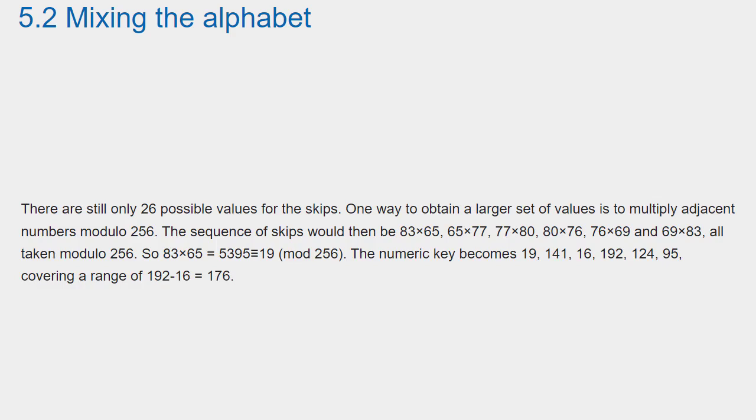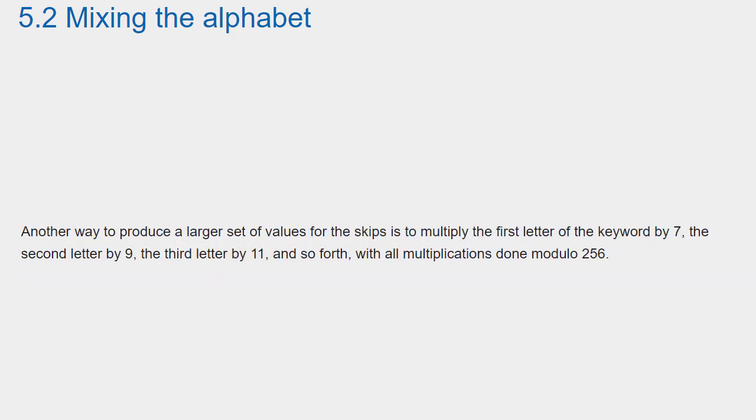So, 83 times 65 equals 5,395, which is congruent to 19, mod 256. The numeric key becomes 19, 141, 16, 192, 124, 95, covering a range of 192 minus 16, which equals 176.